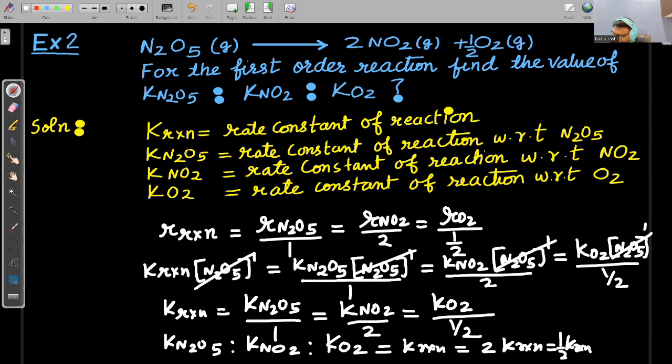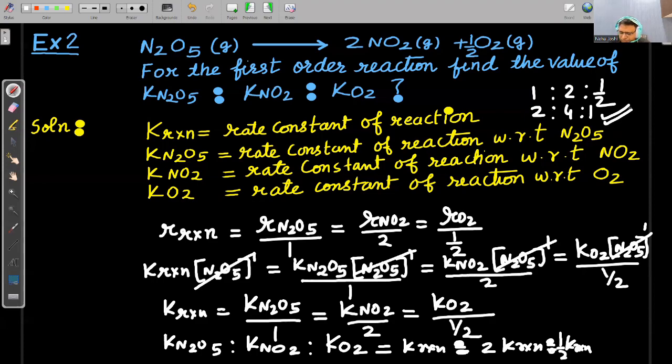So on simplification, this K reaction will cancel out. We can say that the answer will be 1 is to 2 is to half, or we can write that this is 2 is to 4 is to 1. So this will be the answer.